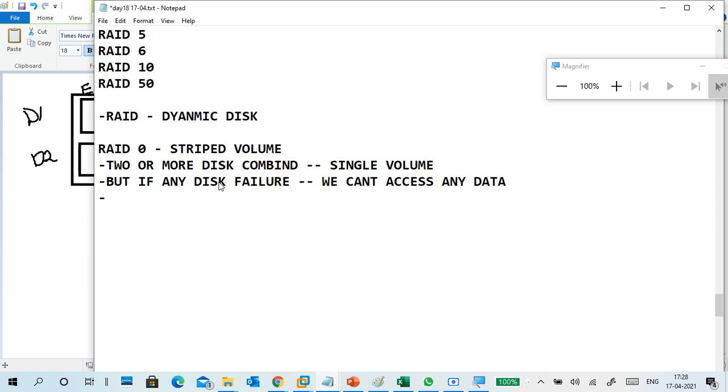Actually, total data loss. We can't access the available disk space also. So this is the stripped RAID 0.